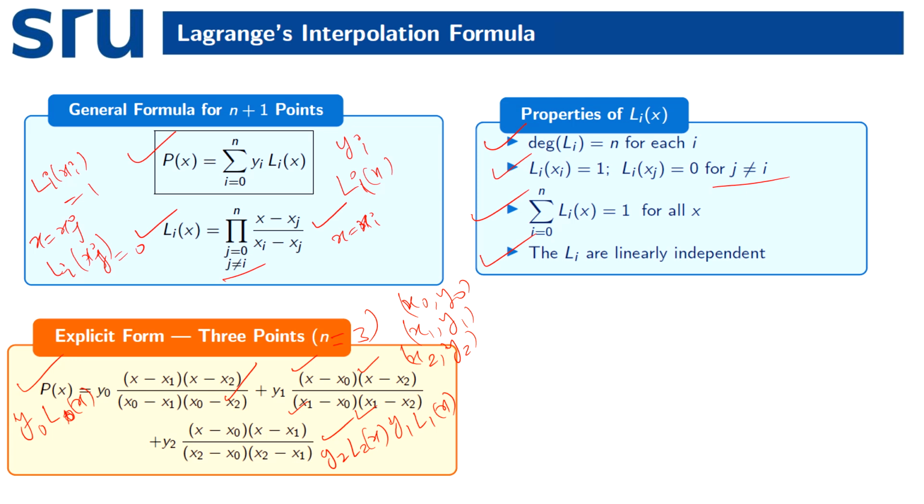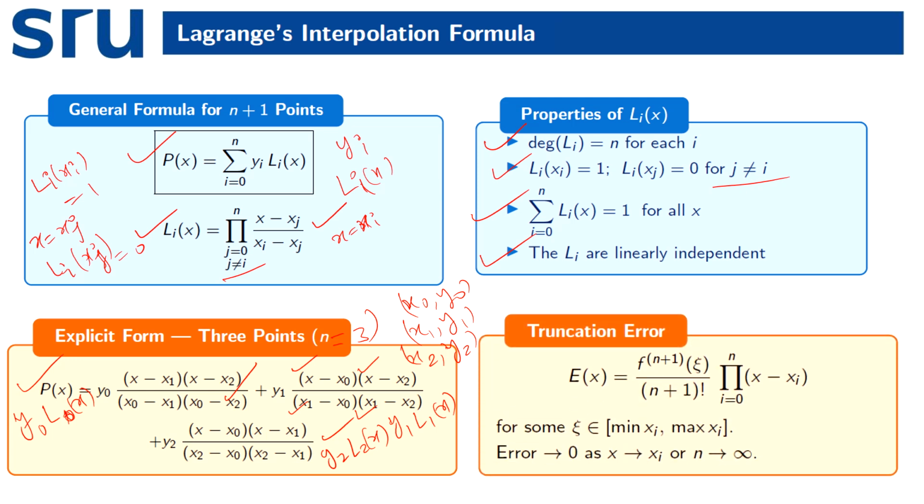These are the terms being written. This formula is really important for your exams. Each term corresponds to one data point. Each term becomes one at its own point and zero at others. So together they ensure that the polynomial passes through all 3 points.